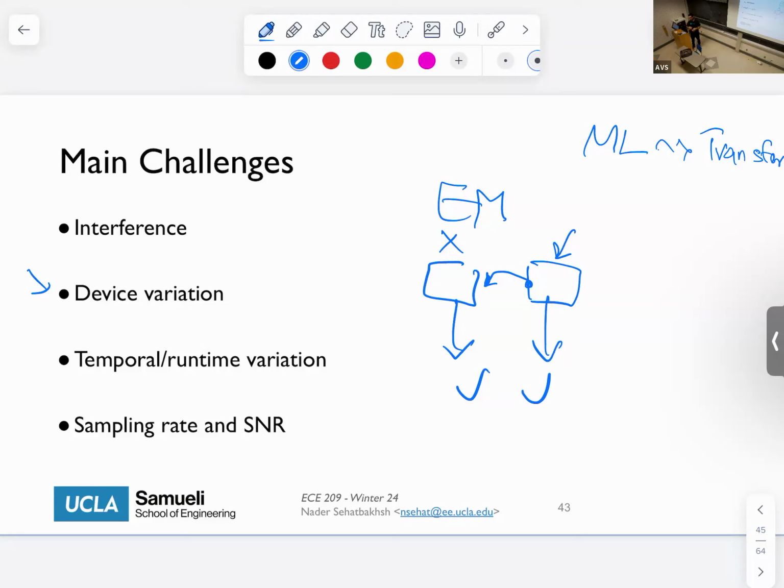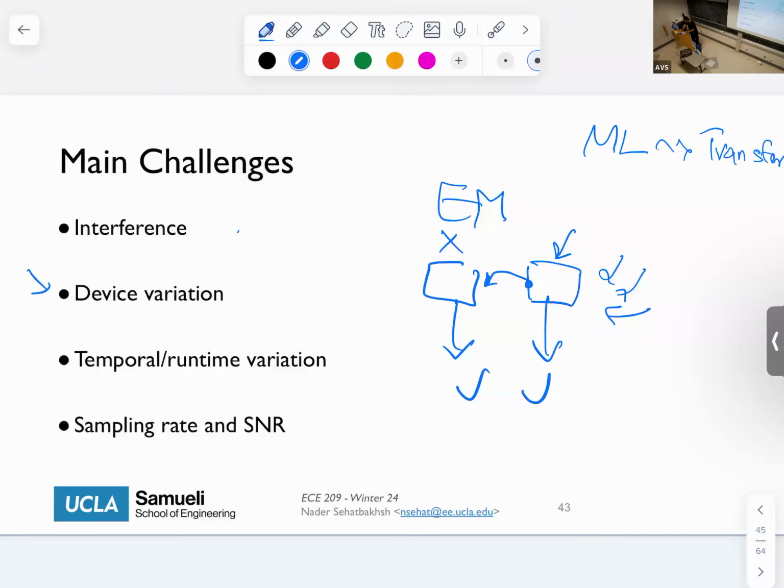You usually update the later stages of your model in order to transfer it to another model. Or you can mimic the behavior of device variation in your model, so that your model is actually robust to those kinds of variations and noises. So there are tricks that you can use, and again, this is the part where things like machine learning and AI help significantly to improve this area of side channel attacks.